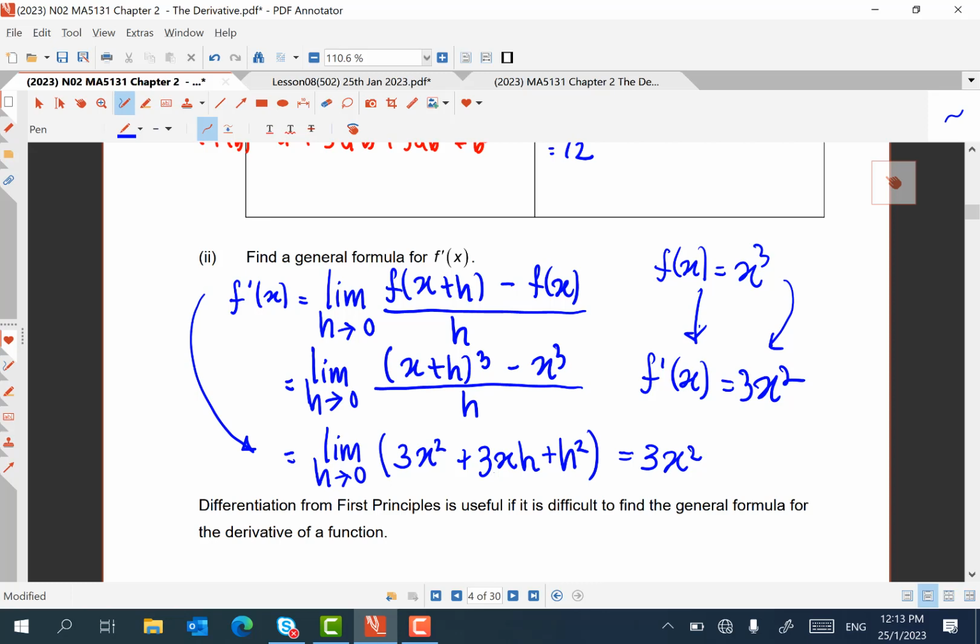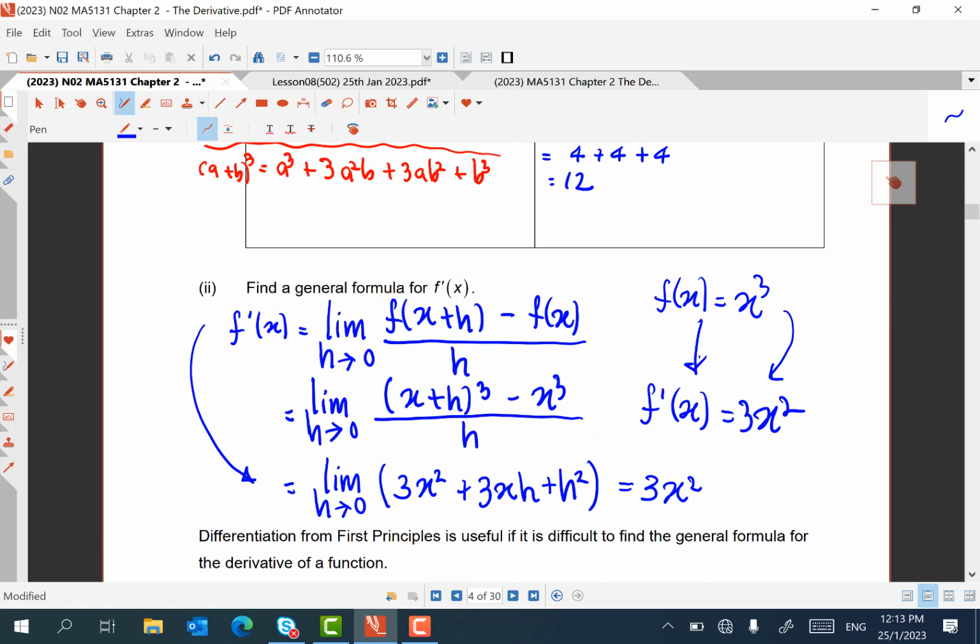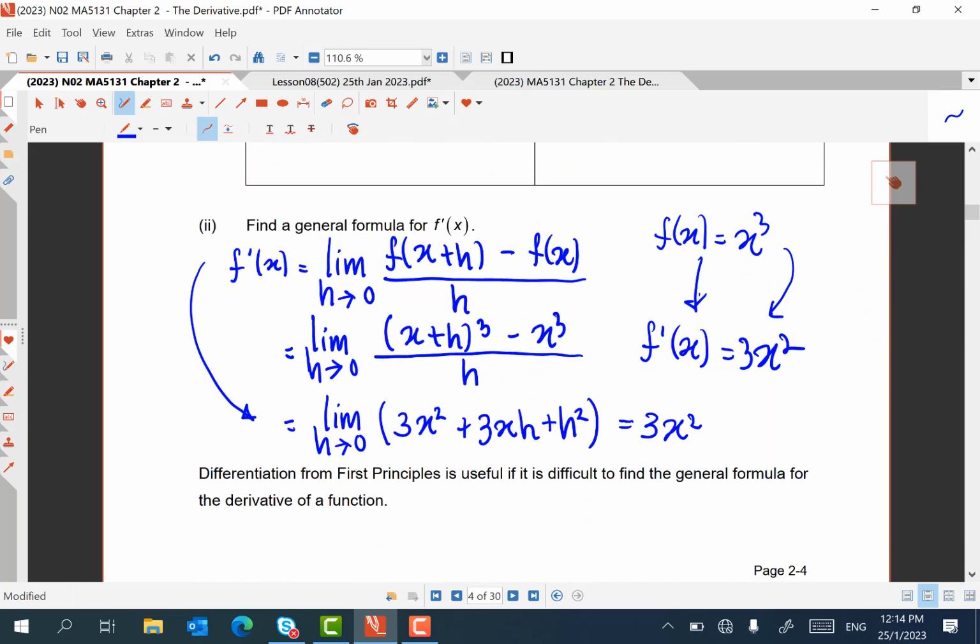You're not expected to always do the limit thing when you can just differentiate sine x or cos x immediately. However, let me ask you this question, class.